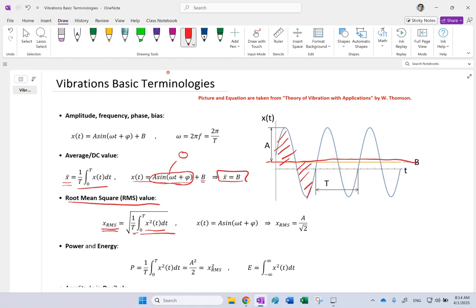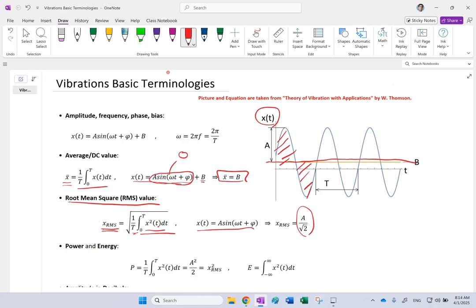So let's say if this x is in meters, you want x RMS to also be in meters, not meters squared. So you basically average the square of the signal and take the square root of that. And for a sine function, you can show that the x RMS is A over square root of 2.